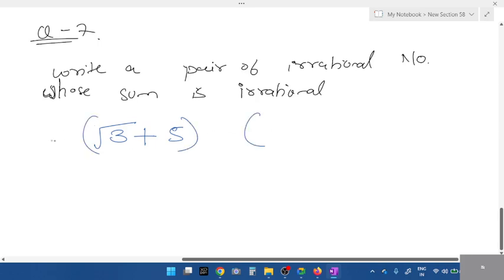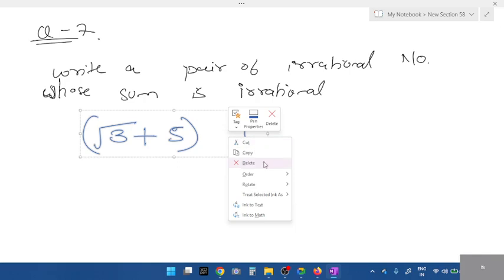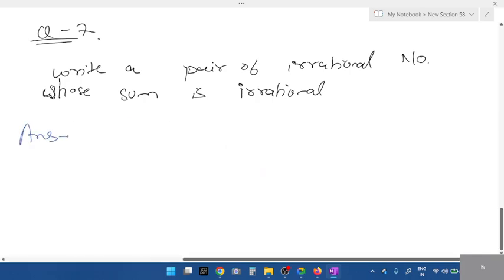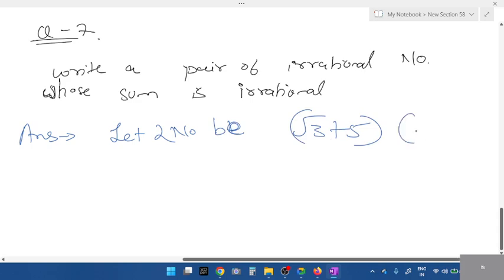Let the numbers be... You're supposed to write the answer like this. Answer is: let two numbers be root 3 plus 5, and the second number you can take as a different number, but if you add it, it should be irrational. Root 3 plus 5, I'll take root 5 minus 2.